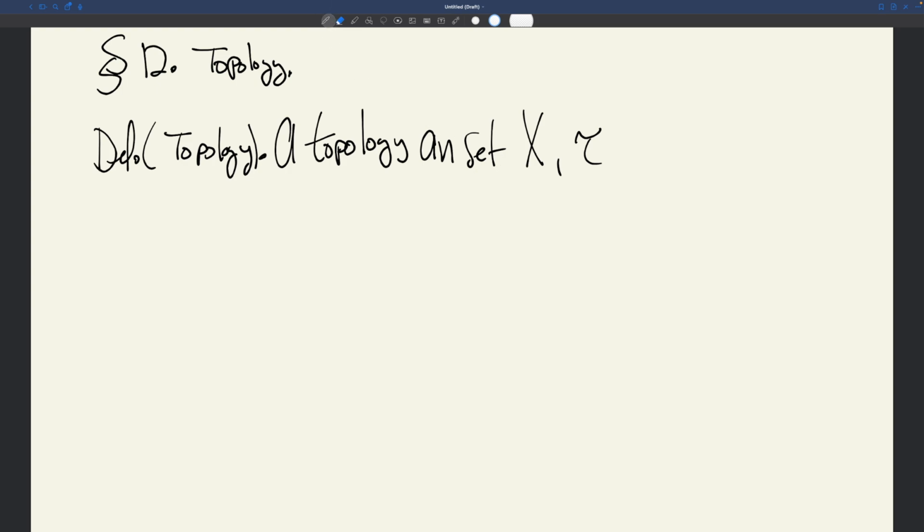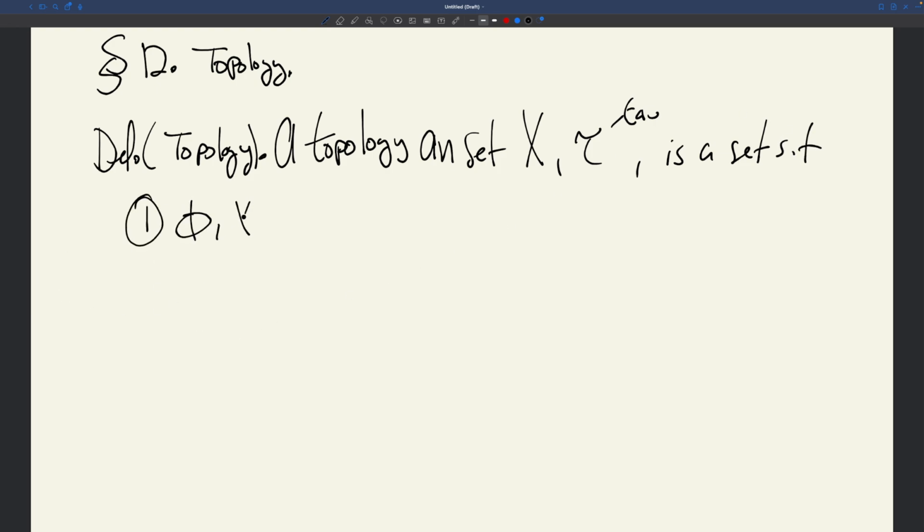To be fair. So a topology on a set X, and we're going to label this tau, is a set such that 1, the empty set and X are both within tau.